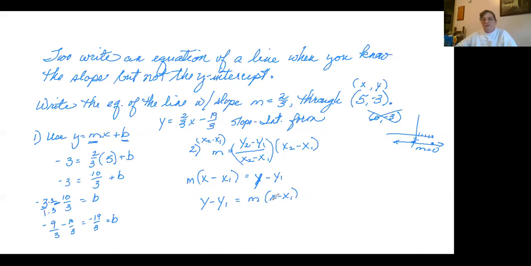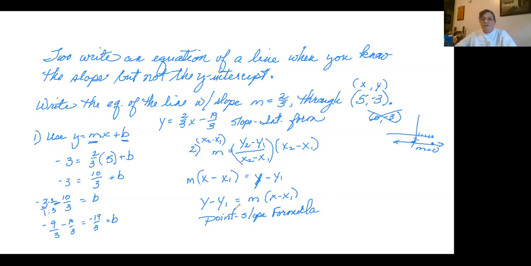So this is nothing but the slope formula multiplied through by the common denominator. They call this the point slope formula now. So whether it's the slope formula or the point slope formula just depends on what format it's in.